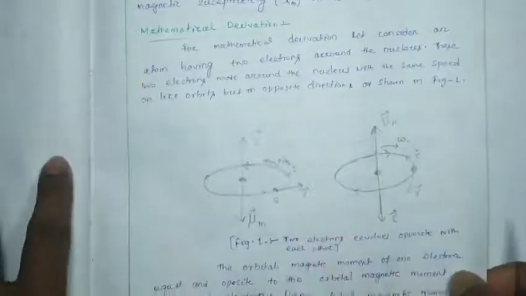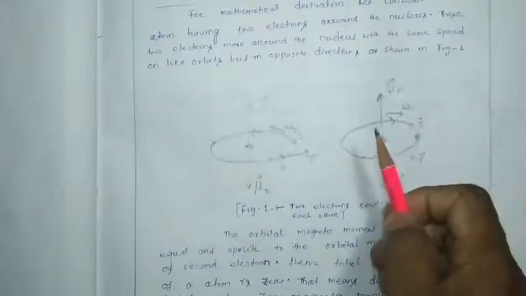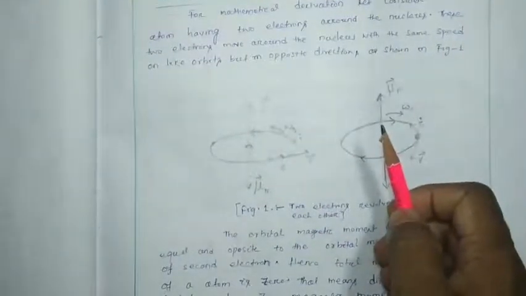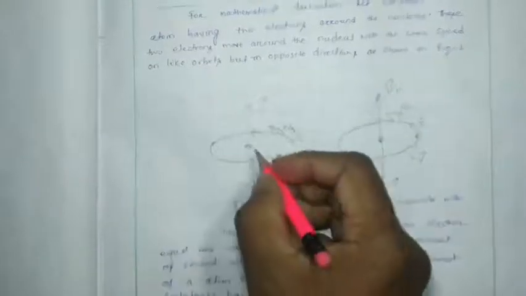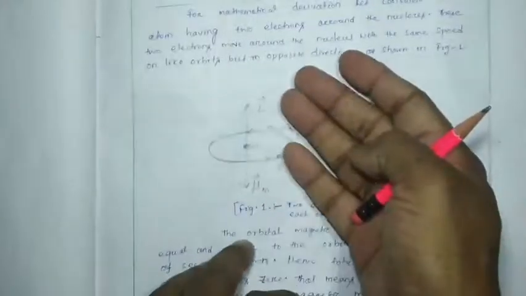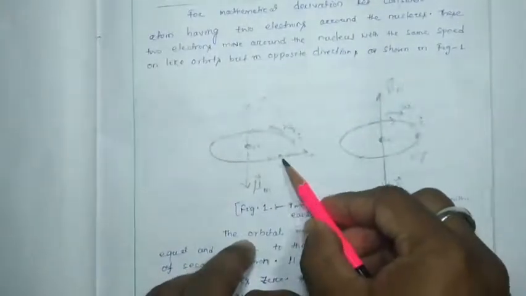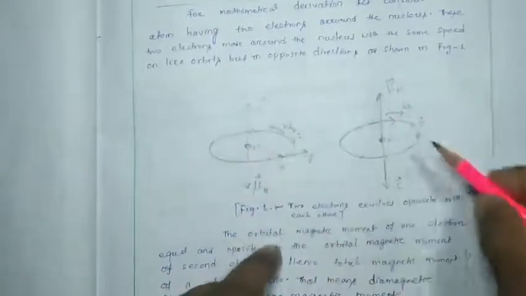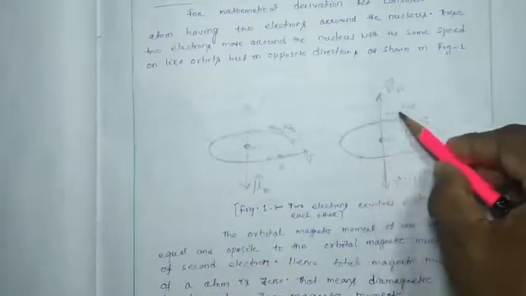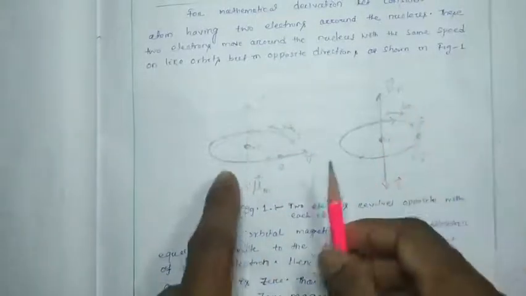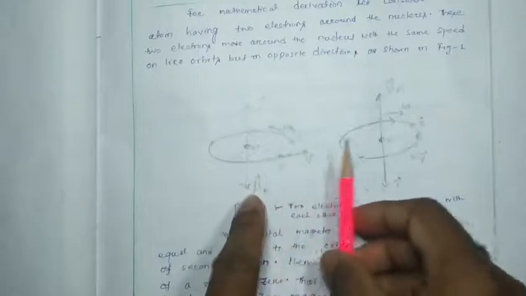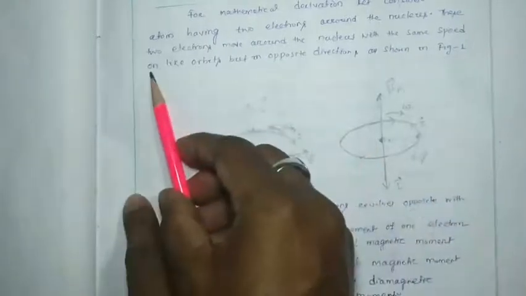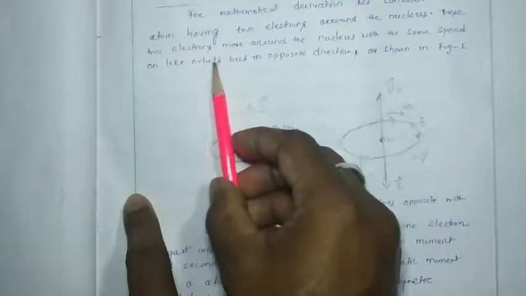So first we have to consider one atom. This is its nucleus and two electrons. One is revolving anti-clockwise and another is revolving around the nucleus clockwise in the same orbit, unlike orbits but opposite in direction.